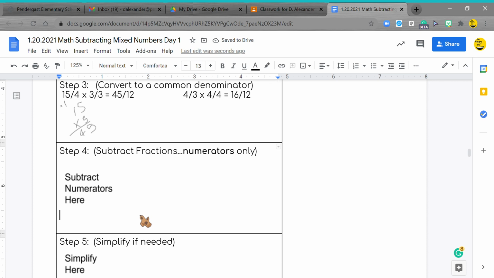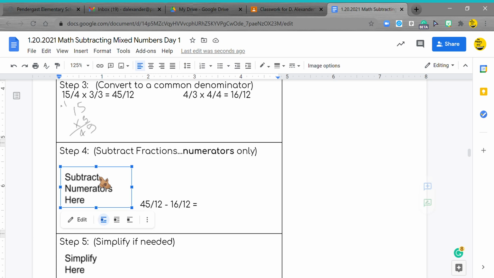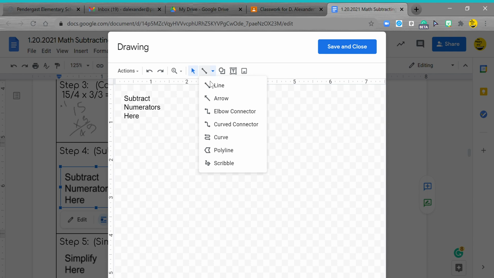Now, I'm going to write out my problem. I have 45 twelfths minus 16 twelfths equals. Okay, so I'm going to go ahead and put this inside my scribble right here so I can do my subtracting.